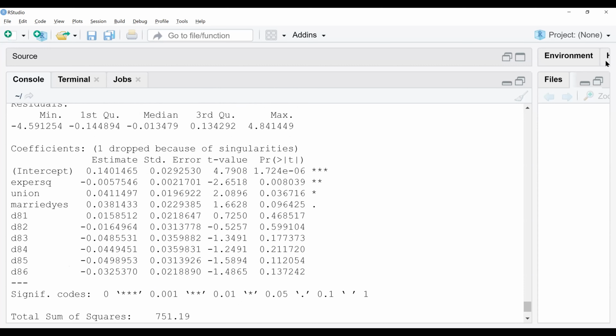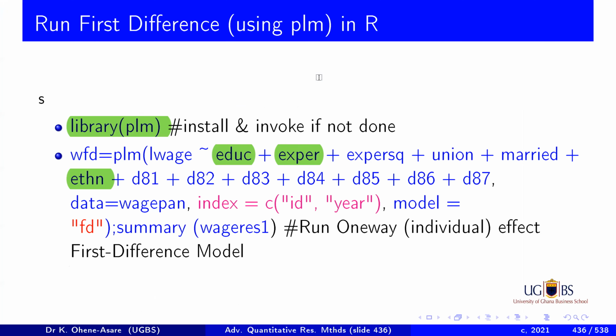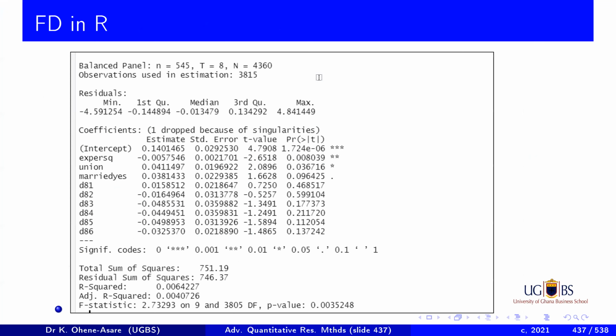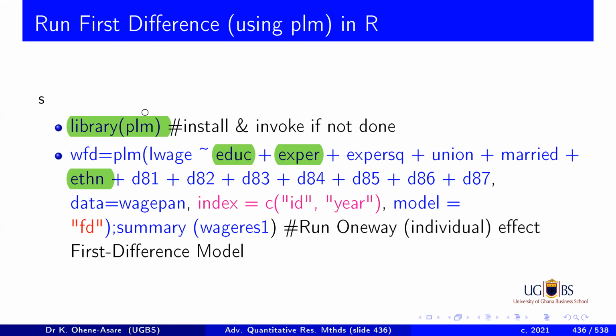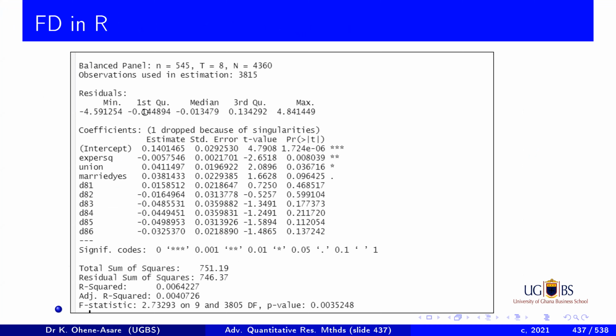Now, let's go to the actual results that we have. So in these actual results, you can see the whole thing. And I keep saying that once you understand what is happening, you can appreciate what is happening, because you understand all that is happening. So this is a fixed first difference.